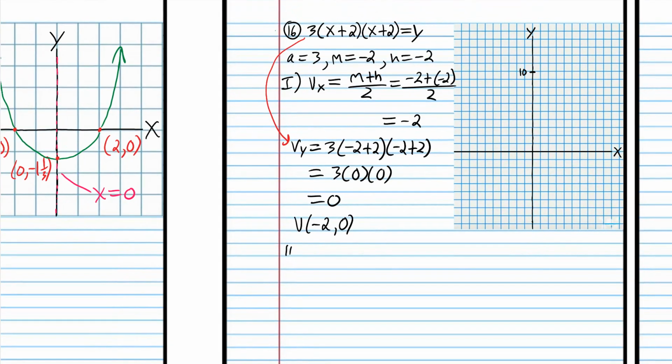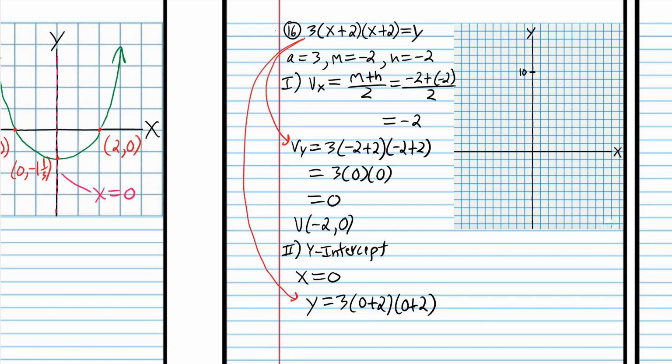Okay, and step 2, we're going to find the y-intercept. And to do that, obviously, we're going to let x equal 0, and then plug in 0 to the original equation. So y is equal to 3 times 0 plus 2 times 0 plus 2.